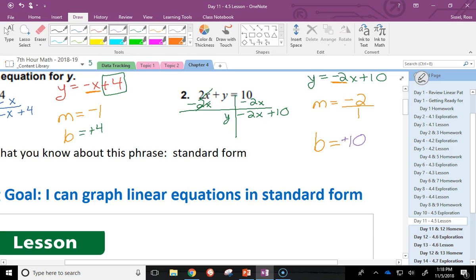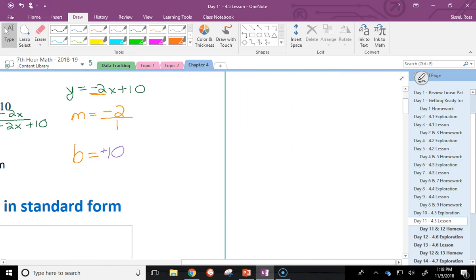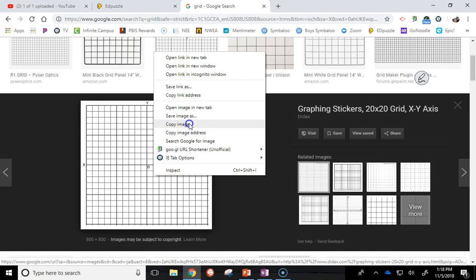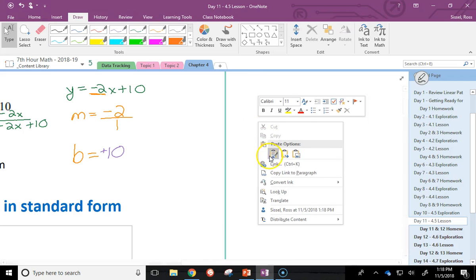So I'm going to go over here because I'm going to show this to you. When I need something, I went to Google and I just did grid, and then I went to images. I'm going to copy this image, come in here, make sure I'm clicked there, and I'm going to paste it.